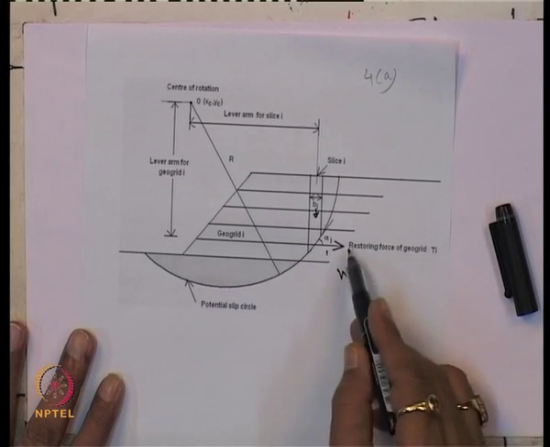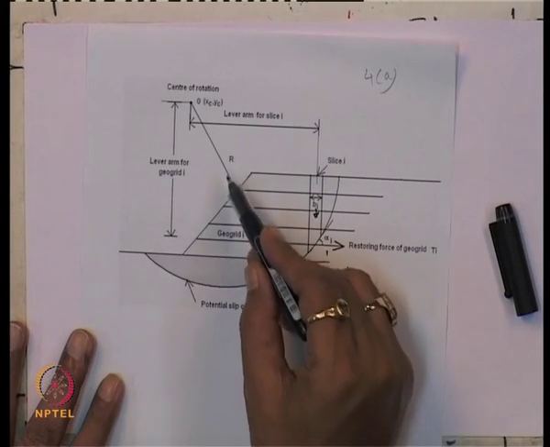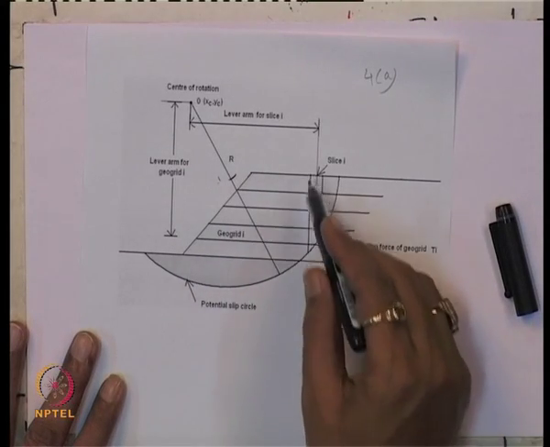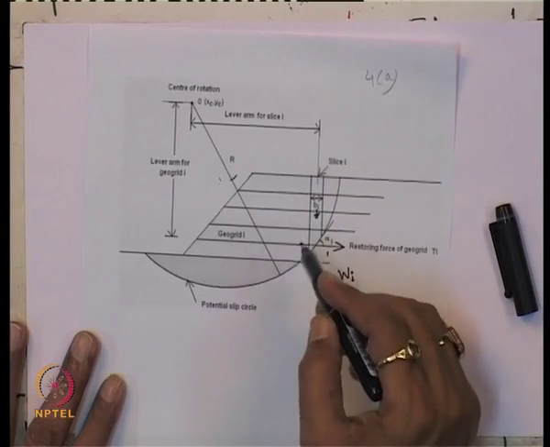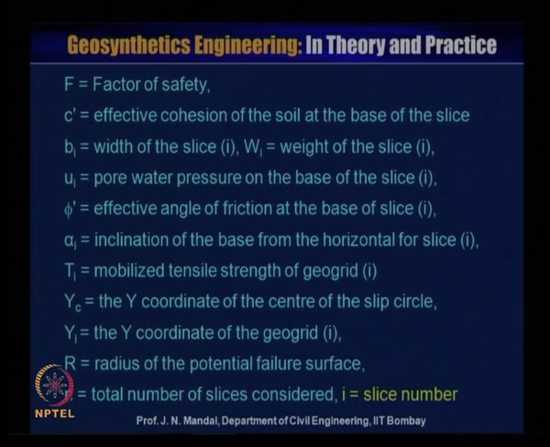and this is the resisting force of the geogrid. This is Ti, and R is the radius of the potential failure surface. Let us consider that N is equal to the total number of slices considered. Let us say here, F is the factor of safety, c bar is the effective cohesion of the soil at the base of the slice, Bi is the width of the slice i, Wi is the weight of the slice i, and there is a development of pore water pressure, so this is also important.